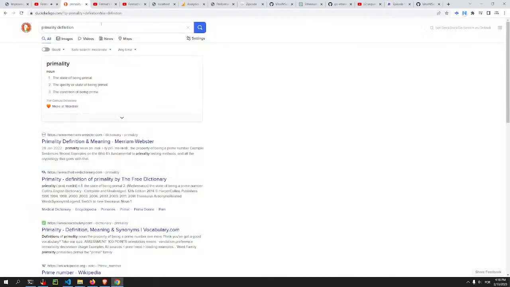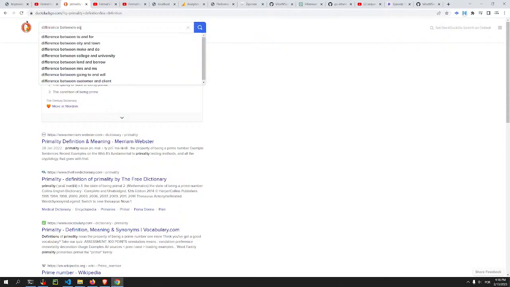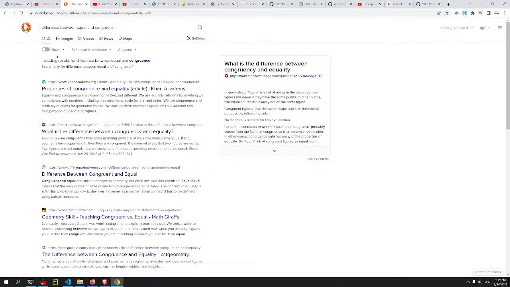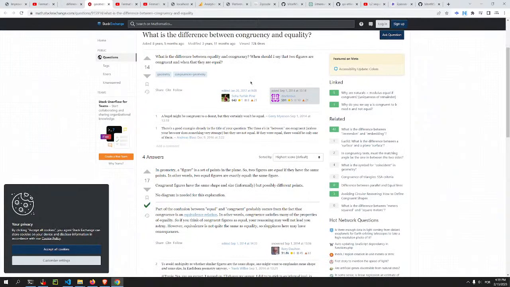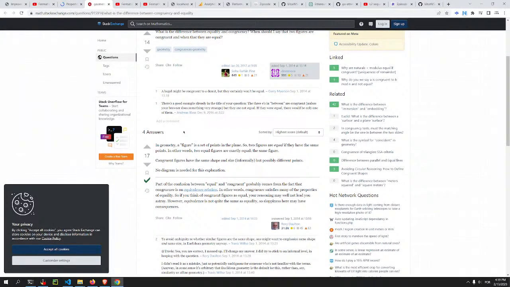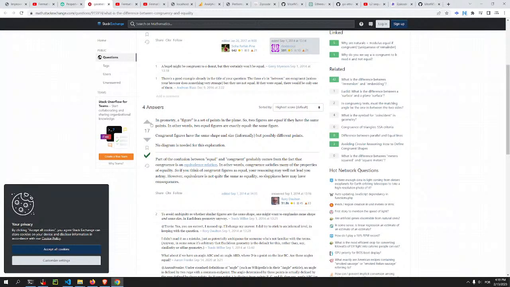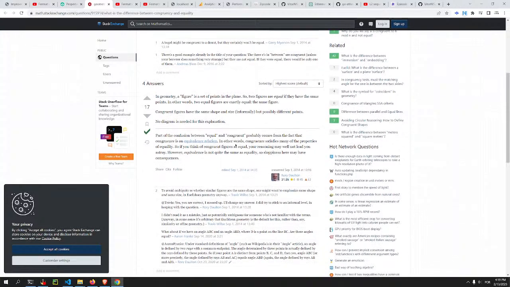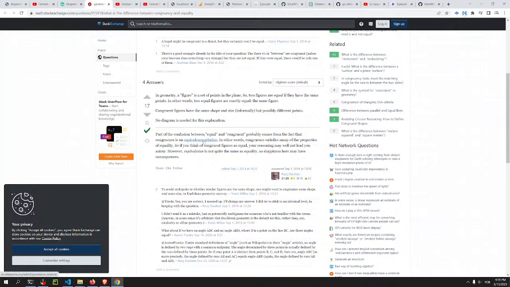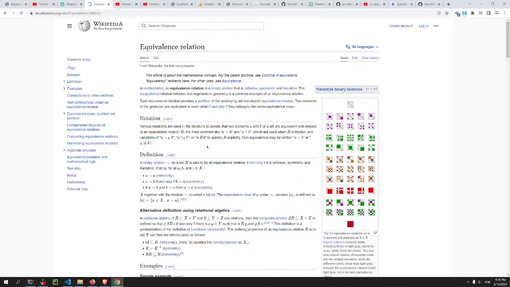What's the difference between equal and congruent? This is the type of stuff I hate about mathematics.